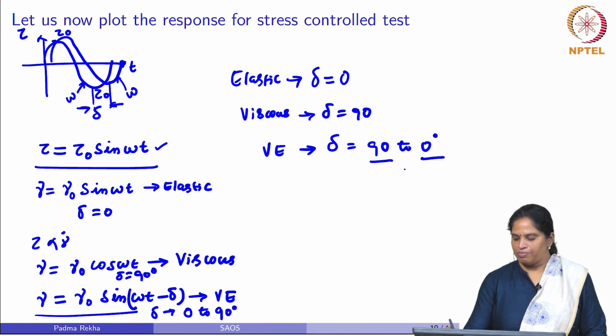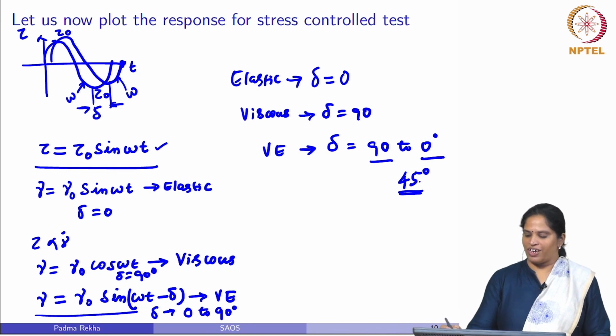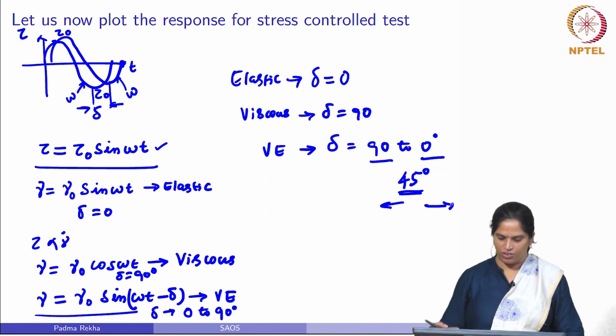So, you have an intermediate value of 45 degree. What happens when the phase angle is above 45 degree or below 45 degree, let us discuss a few slides down.